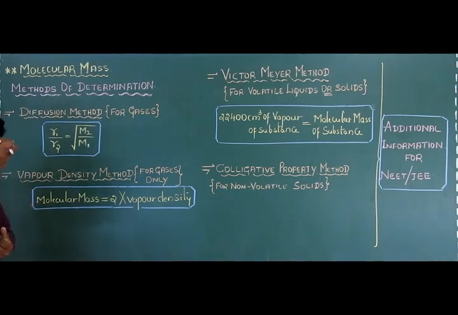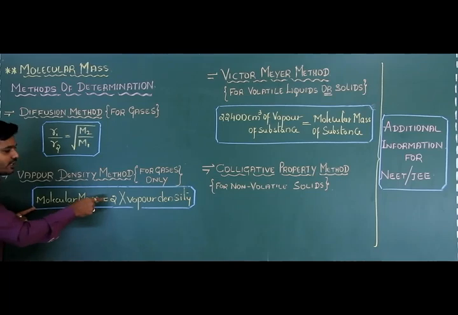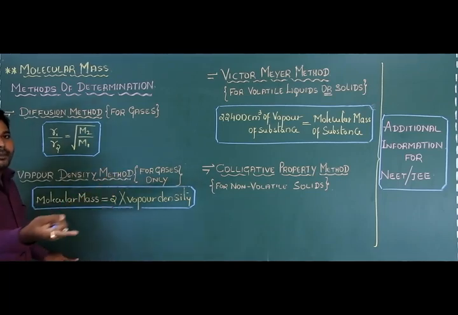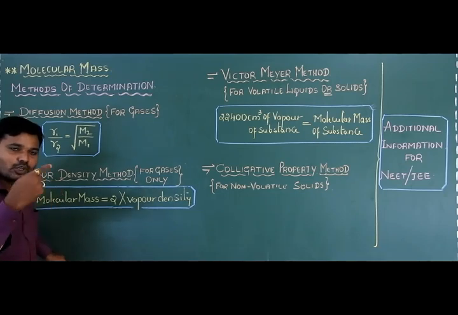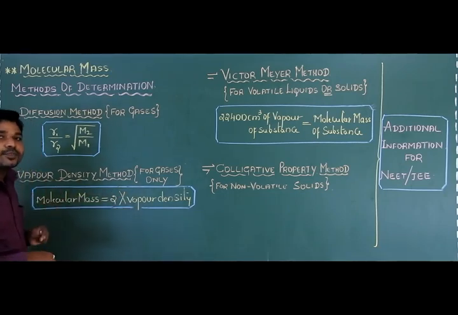And here, according to this vapor density method, the molecular mass of the chemical substance is calculated by using the formula: molecular mass equal to 2 into vapor density. We can calculate the molecular mass by using this expression.